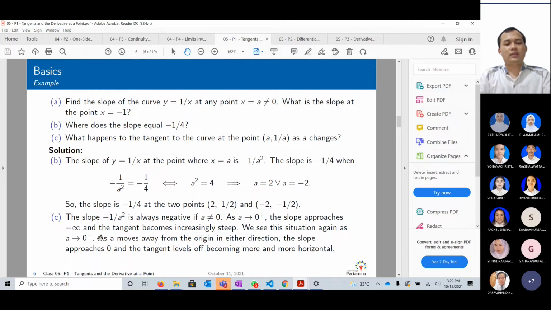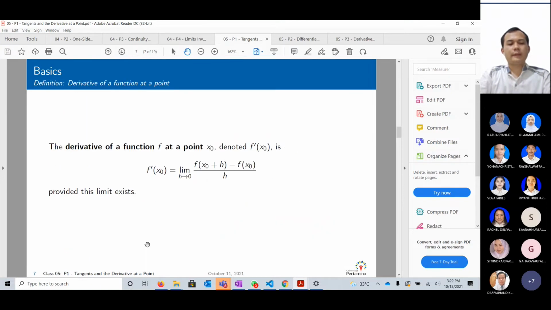Jadi, ya, Sir. Yeah. Okay. After that, we are learning about the derivative of a function f at a point x0. Jadi, turunan fungsi f di titik x0. It is denoted by f prime x0. Jadi, kalau dalam bahasa ini f accent x0.